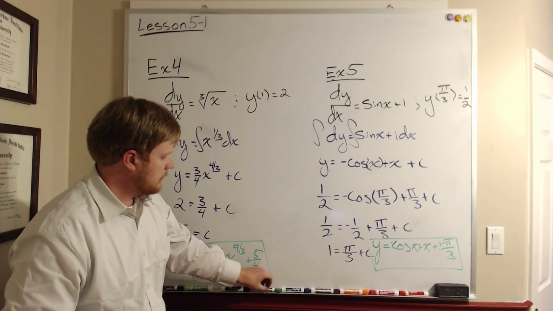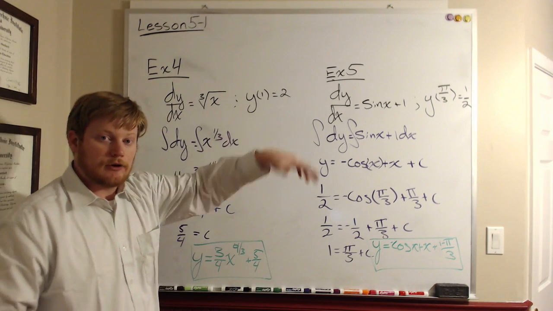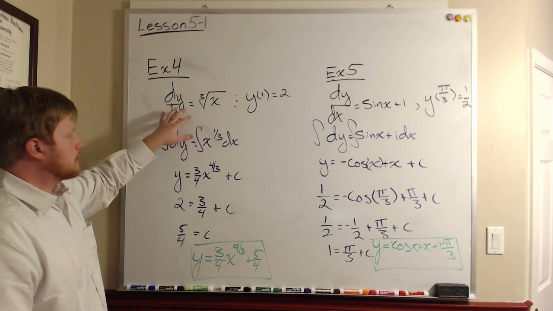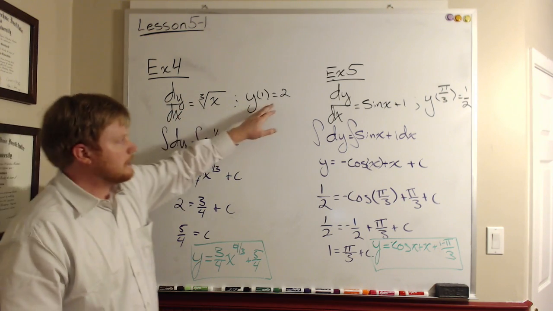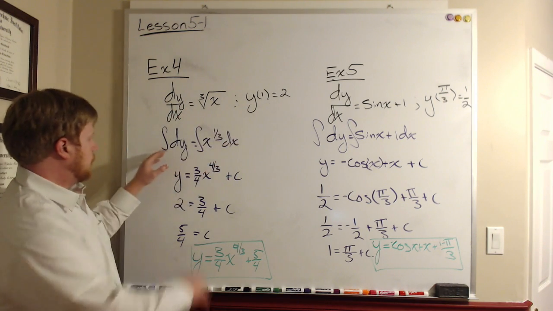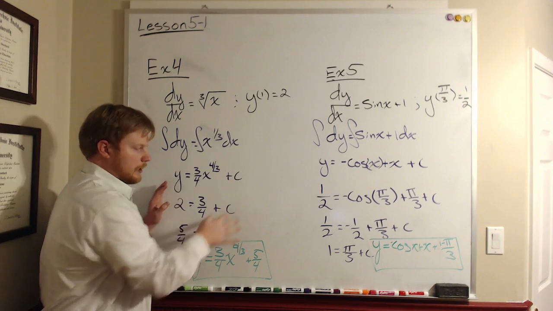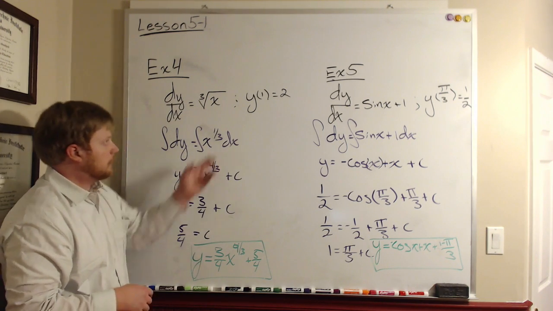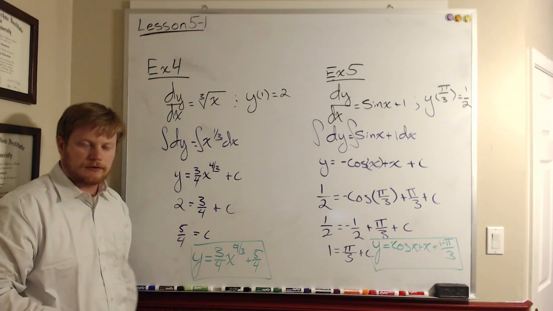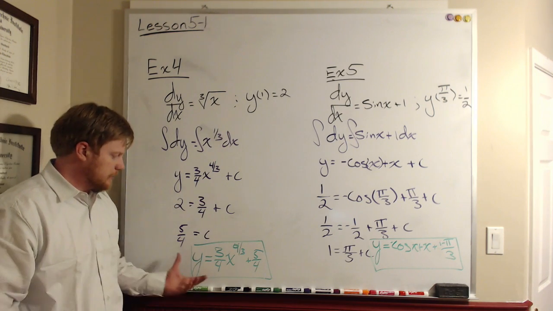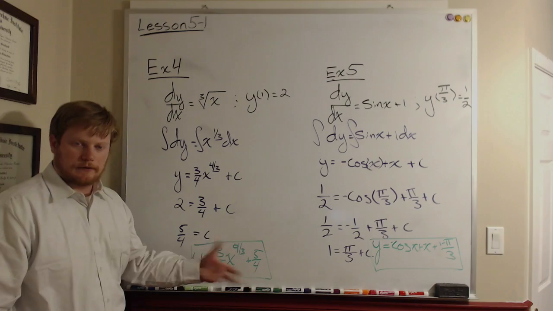Okay. So again, these are called initial value problems because it's some differential equation. I've given an initial value so I can do an integral, and then solve for my constant of integration by plugging in the initial value and solving for C. Okay. And then my answer is the function of y.